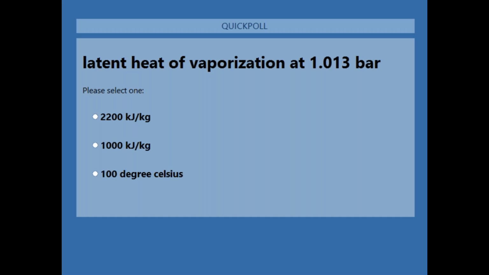Okay, so now I had asked you about the latent heat of vaporization at 1.013 bar, and about 43% of the students have answered it correctly. It is about 2200 kilojoules per kg. Interestingly, let me share this with you, and you should laugh.